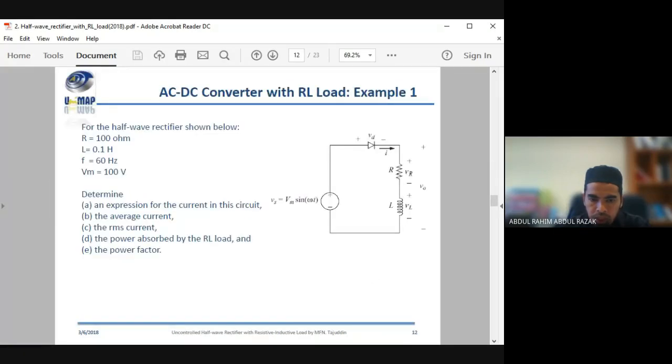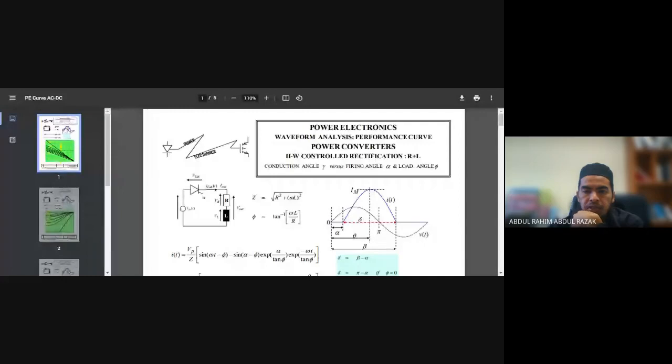If you take a look at your PE curve, can you see the PE curve? Electronics waveform analysis performance curve.